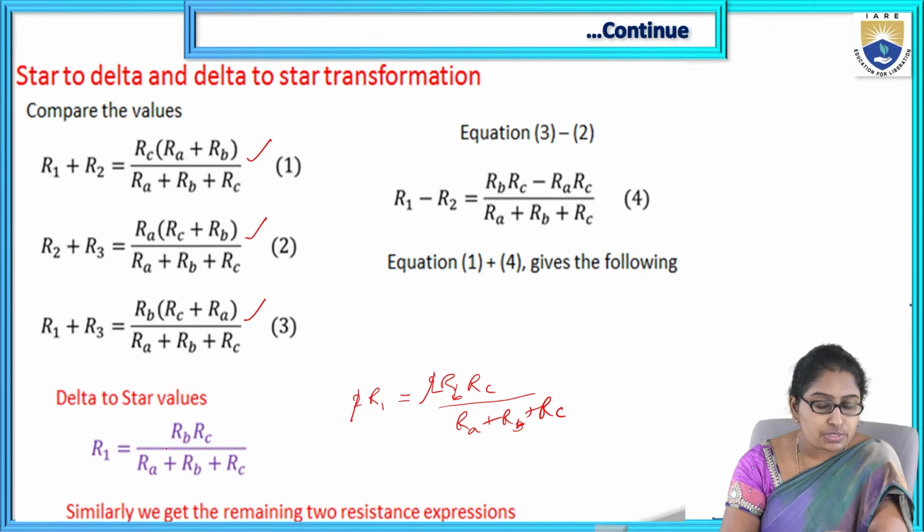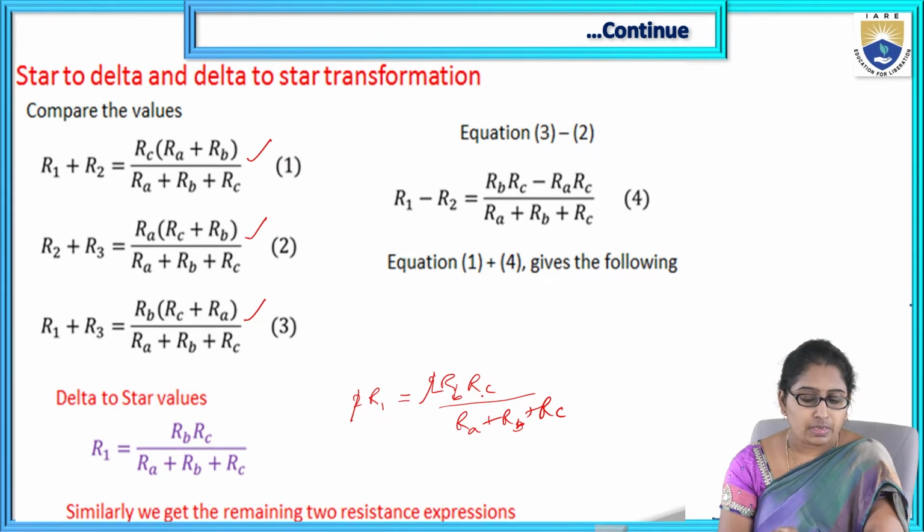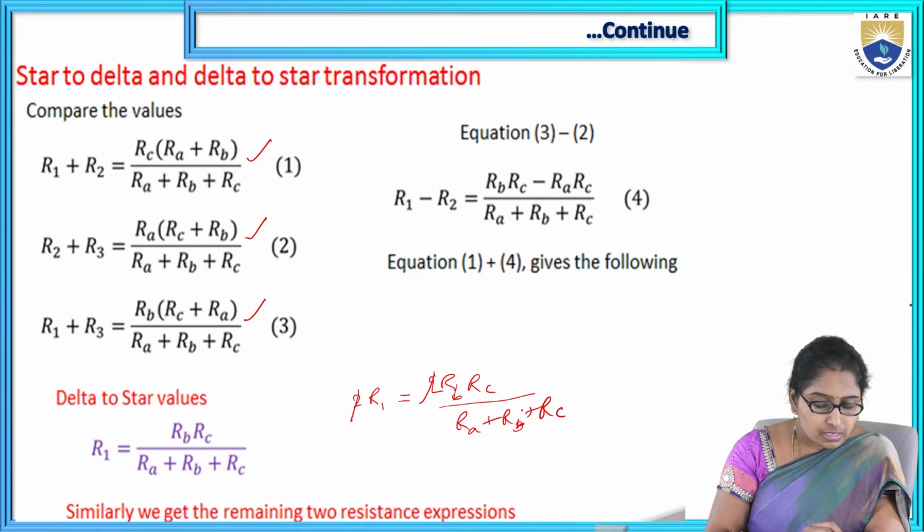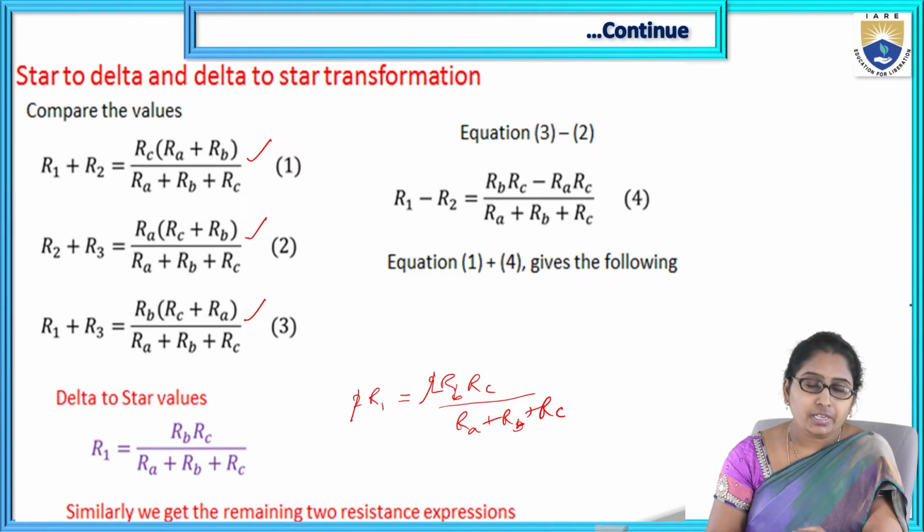So we have the expression for R1 given by RB RC over RA plus RB plus RC. That is an equation of a star element in terms of delta elements. That is how the delta to star transformation is obtained.